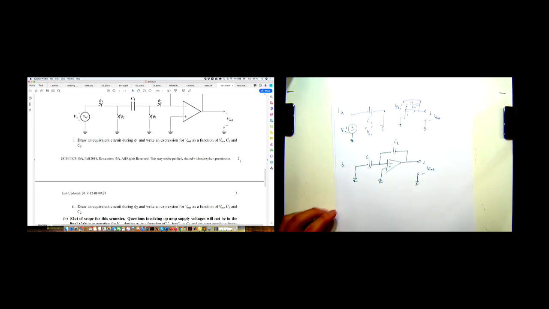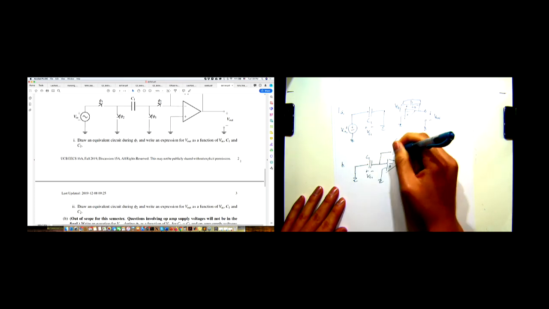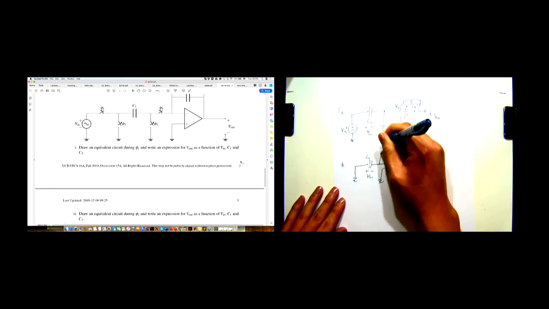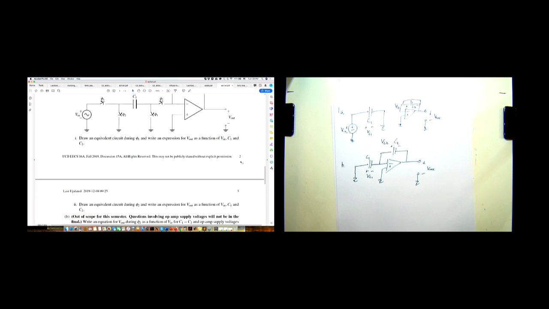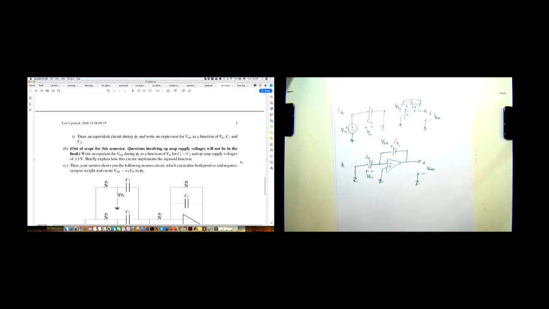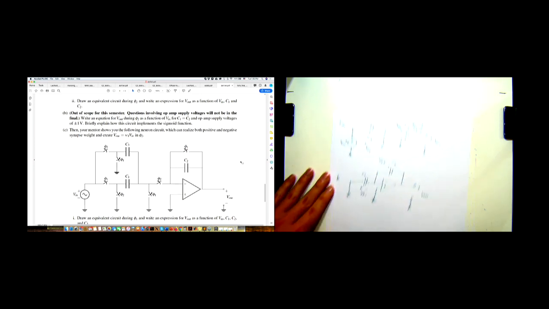You have to keep in mind that to keep the polarity the same... Okay. Now we'll start to analyze it.